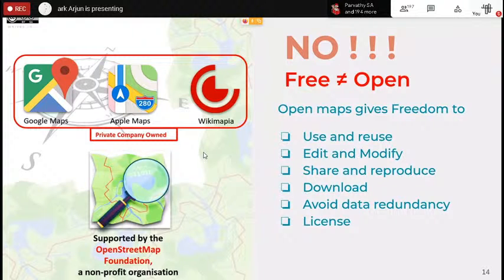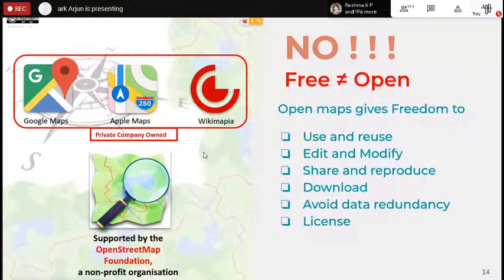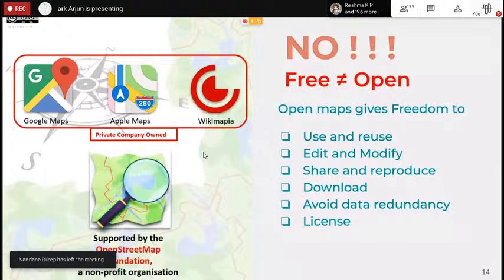So once again, back to the services provided by the free map services: Google Maps, Apple Maps, or even Wikimapia are owned by private companies, whereas OSM is supported by the OpenStreetMap Foundation, a non-profit organization which is a community, and that gives more power to OSM.